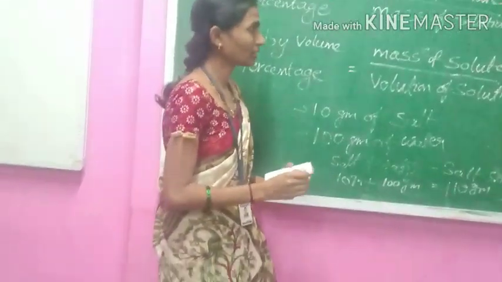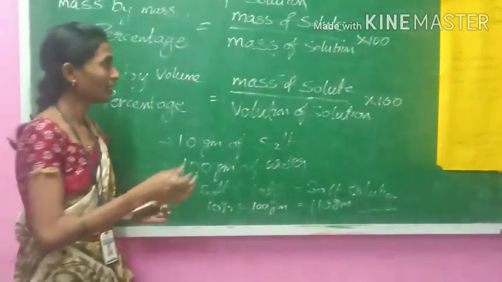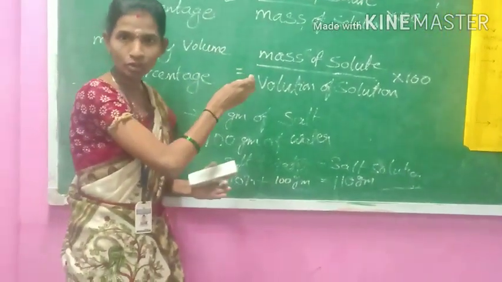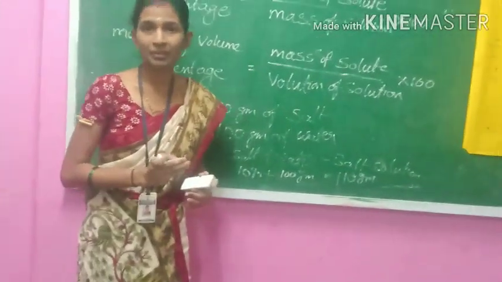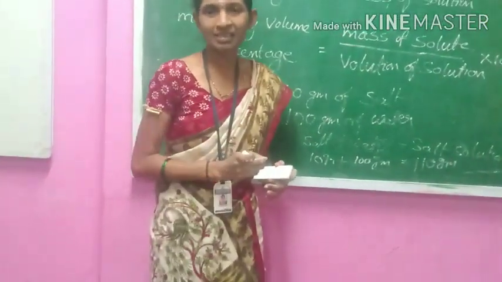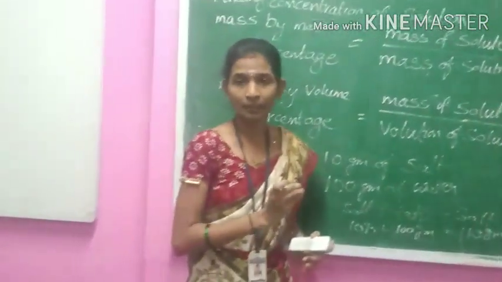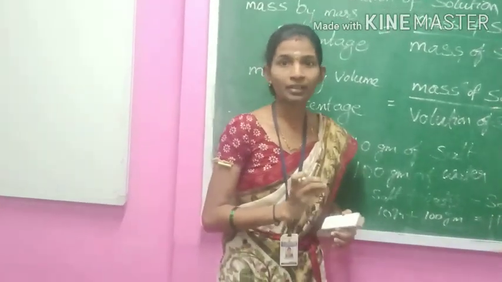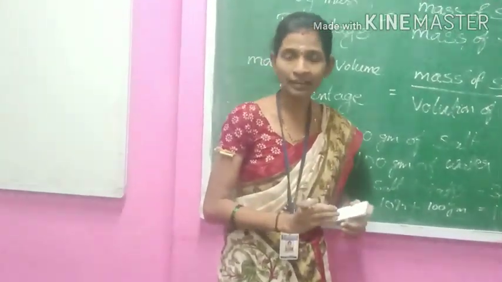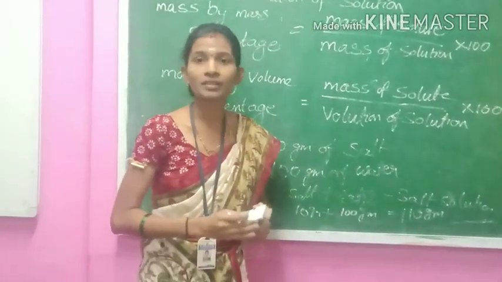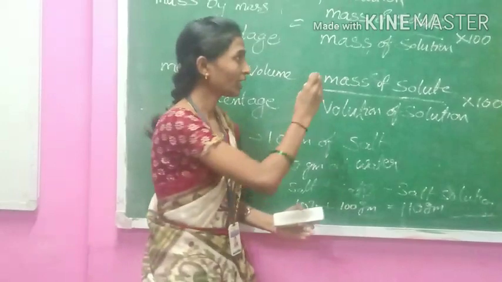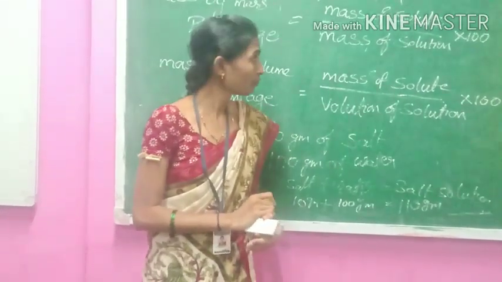In problems, they may give the mass of solute and the mass of solvent separately. Most of you will make the mistake of considering the mass of solvent as the mass of solution. What you have to do is add the mass of solute and the mass of the solvent, so you will get the mass of solution.